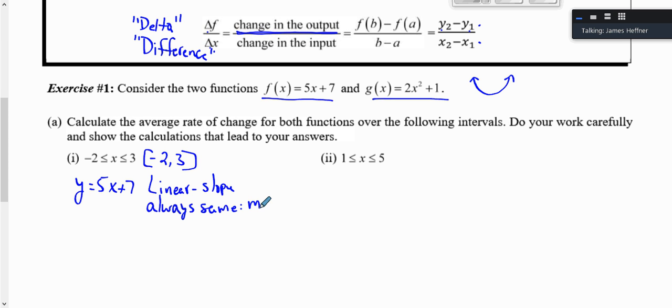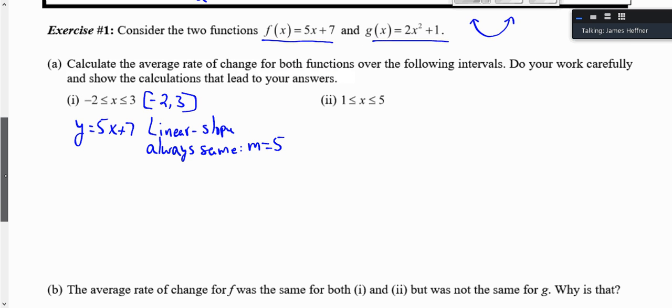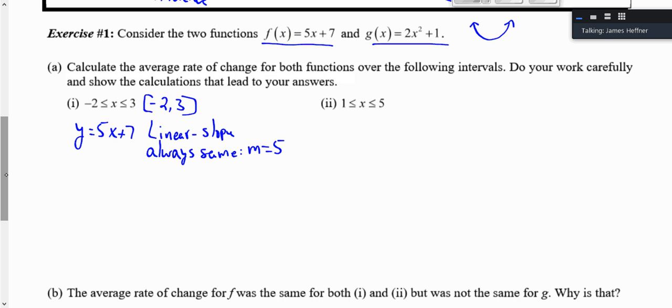And that, of course, what's the rate of change of this? 5. 5, right? But let's go ahead and use this function, let's use that tool up here just to verify that. Let's just verify that we get a rate of change of 5 between -2 and 3.